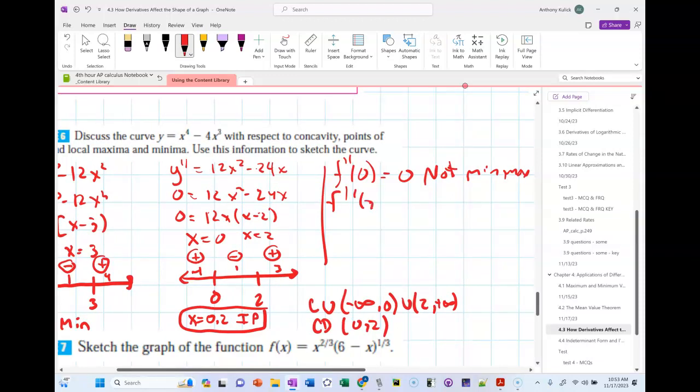And do the second derivative at 3, which I can tell is going to be positive, which tells me that x equals 3 is a minimum using the second derivative test. So I could have done that instead of drawing a sign diagram.